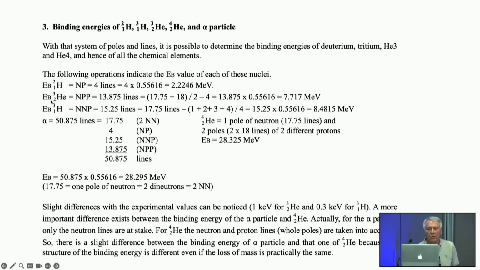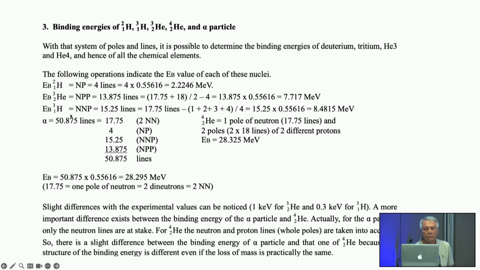Then that of helium-3, I call NPP because there's a neutron and 2 protons, which is equal to 1 pole of neutron plus 1 pole of proton divided by 2, minus 4 lines, let's say, of the deuterium recovering mass. So the binding energy of helium-3 is that one after my calculation.